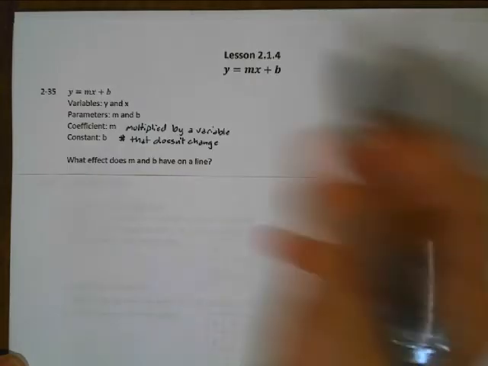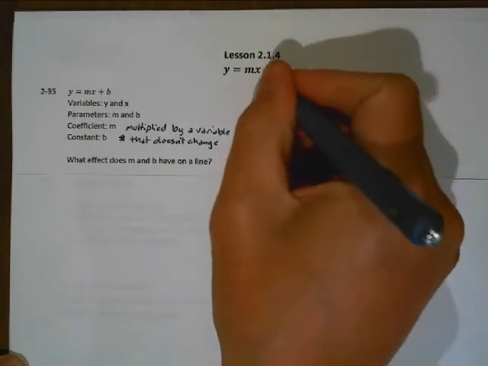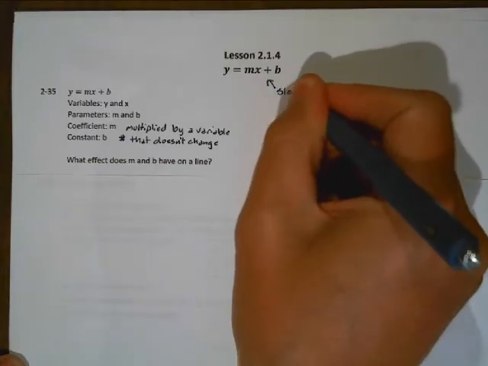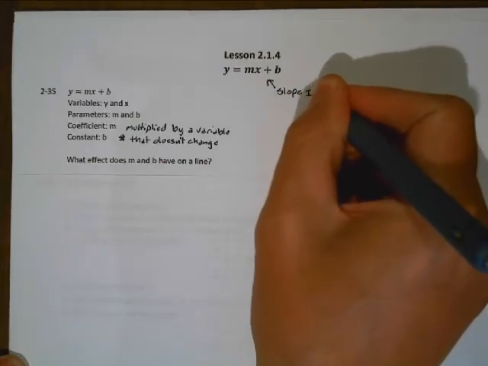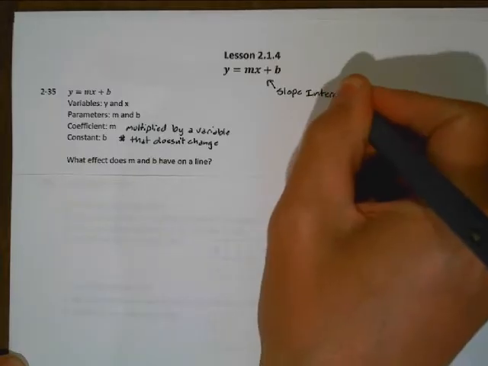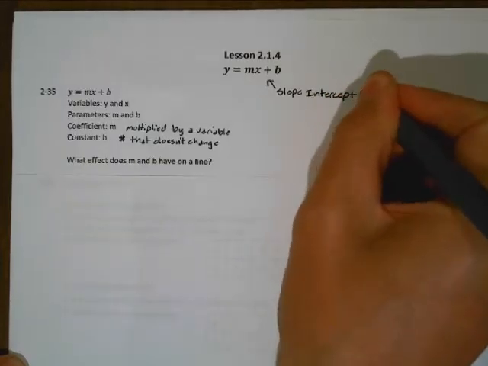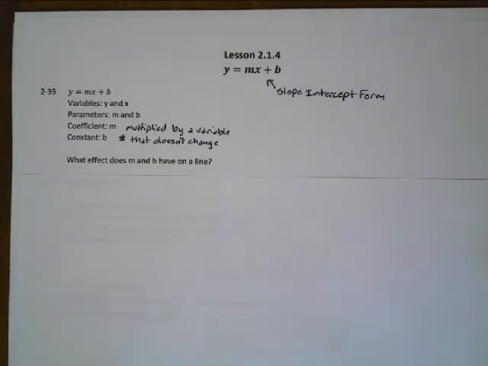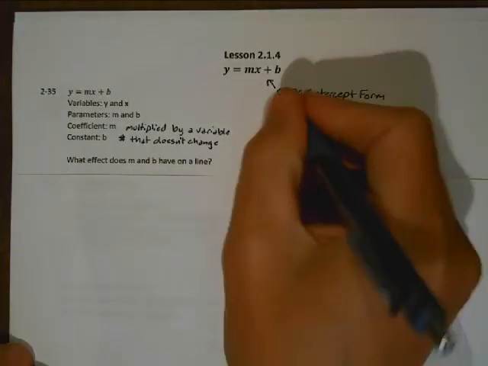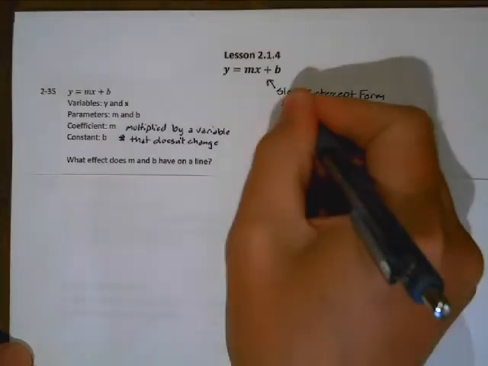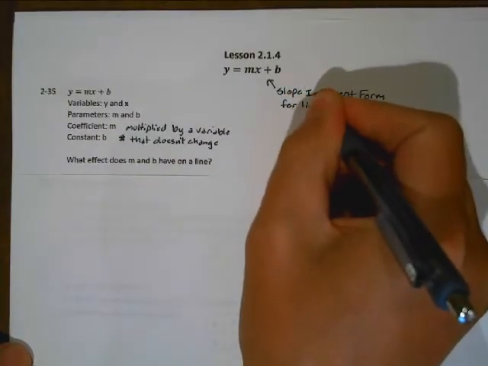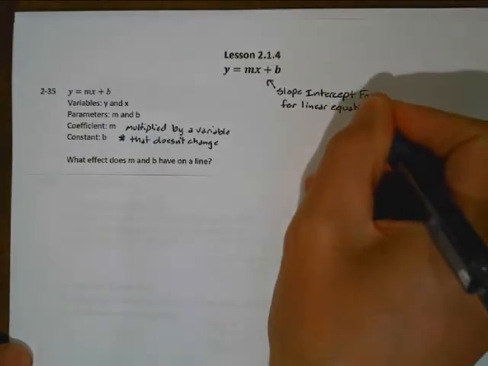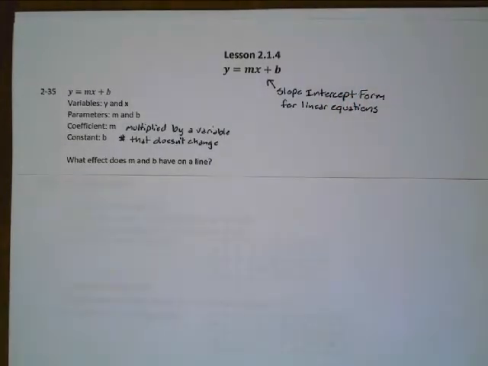All right, so we also call this y equals mx plus b slope-intercept form. So that's slope-intercept form for linear equations. So equations that make lines.